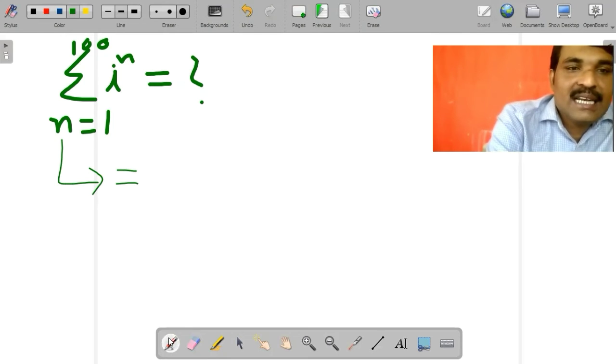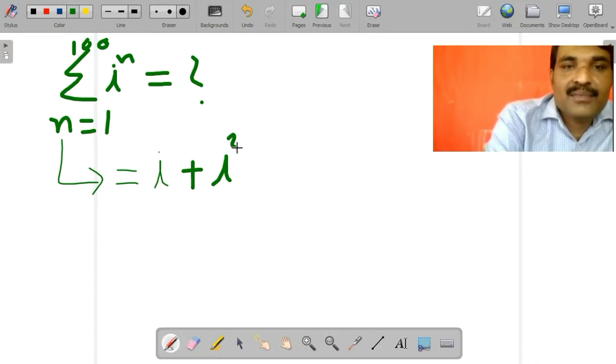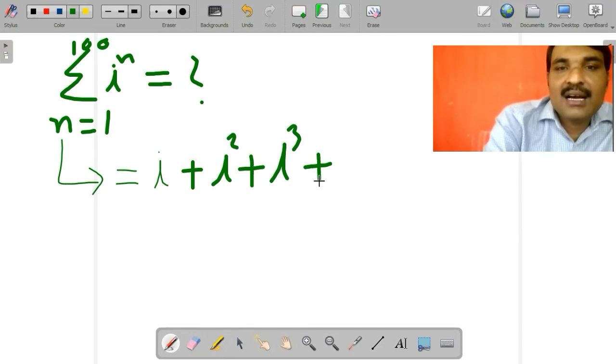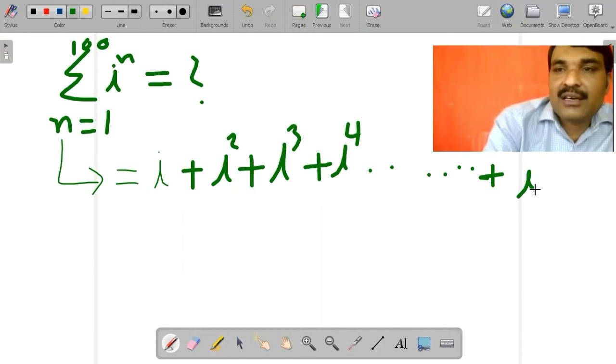So the first term becomes iota raised to 1, that's iota, plus iota square plus iota cube plus iota raised to 4, up to how many terms? Up to 100 terms. That is iota raised to 100.